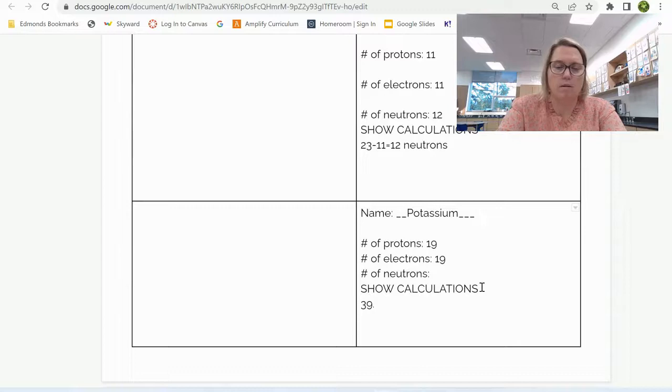I'm going to round that to the nearest whole number, which is closer to 39 than 40, minus 19, the atomic number, which gives me 20. So it has 20 neutrons.